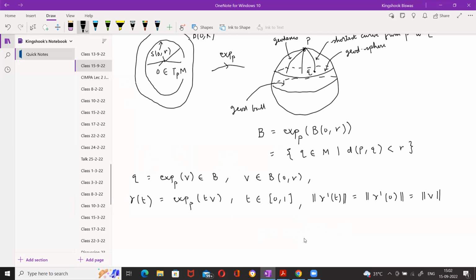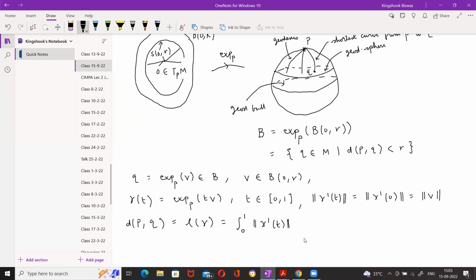This geodesic has initial condition V, so gamma prime 0 is V. So this geodesic has constant speed equal to norm V. And so because it is the shortest curve, the distance from P to Q is equal to the length of gamma, which is the integral from 0 to 1 of norm gamma prime t dt.